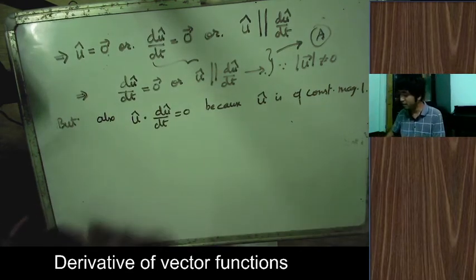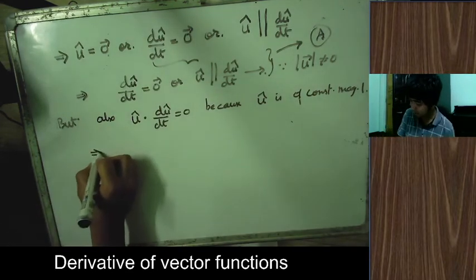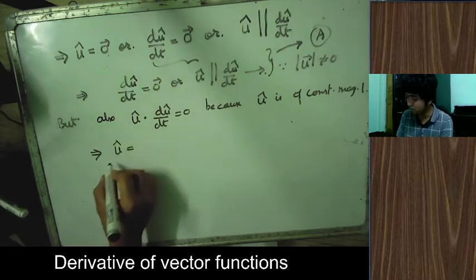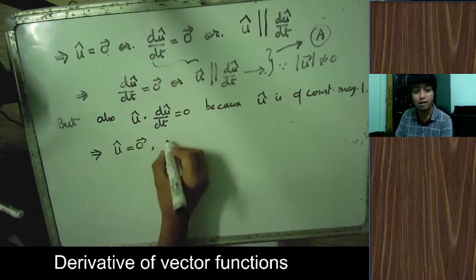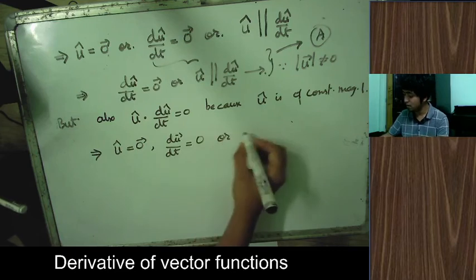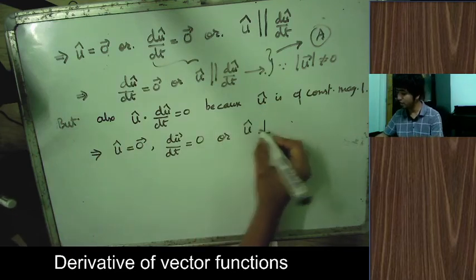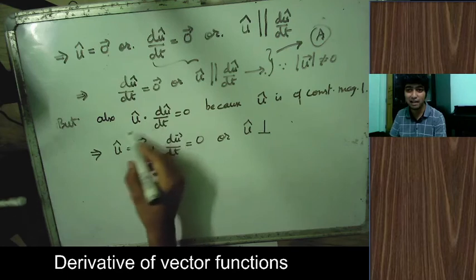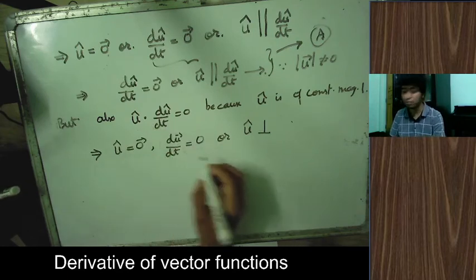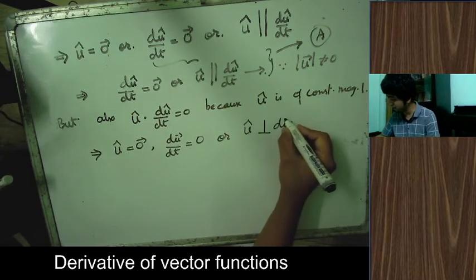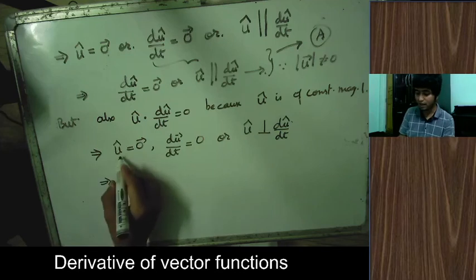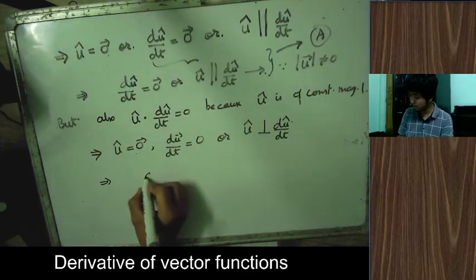So we can have u bar equal to 0, du dt equal to 0, or u cap perpendicular to du dt. If they are perpendicular, that is, the angle in between is 90 degrees, therefore this dot product will also be 0. But again, this one is impossible.